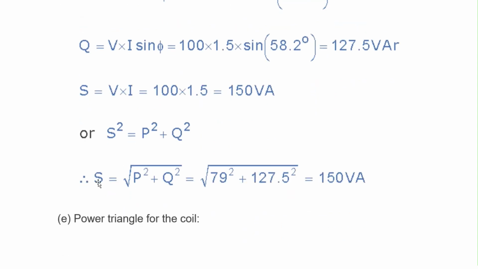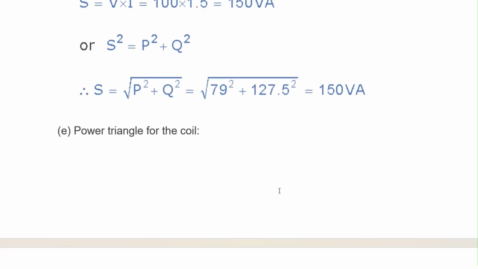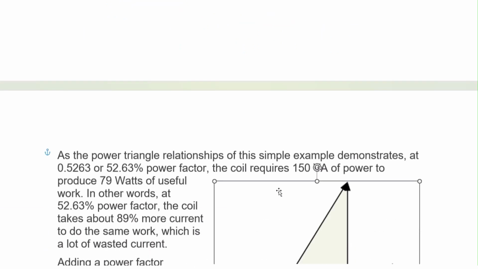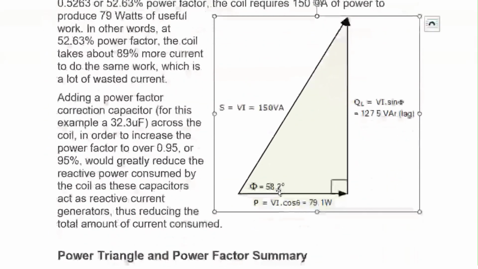So S equal to the square root of P square plus Q square. So if you square these two values, 79 square plus 127.5 square, and you get the square root of the sum, then you will get 150 volt ampere, and this verifies the relationship between S, P, and Q. Power triangle for the coil is drawn here.